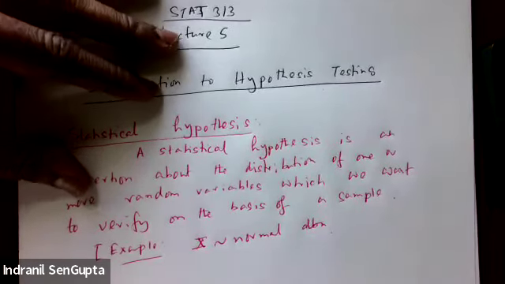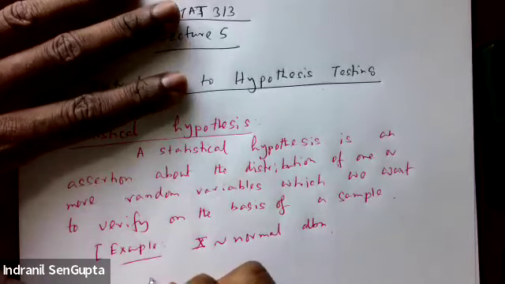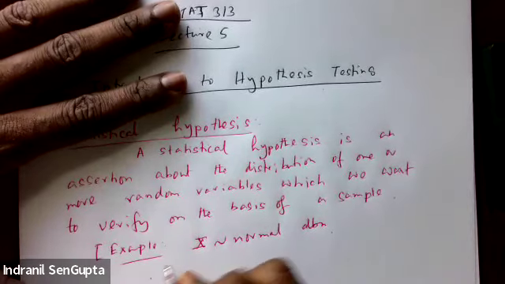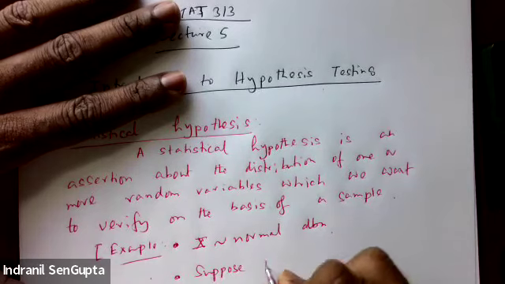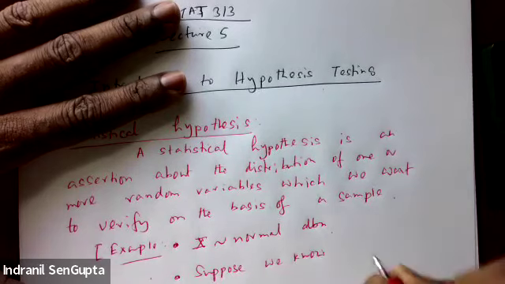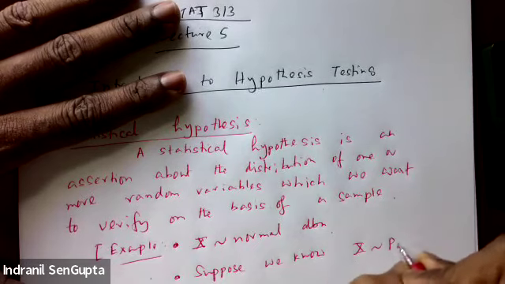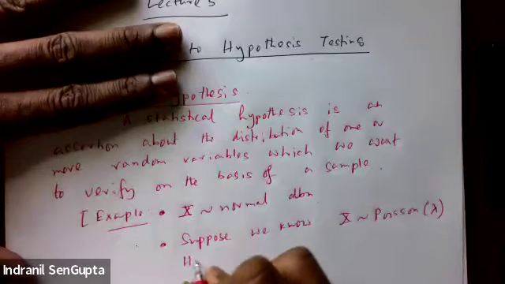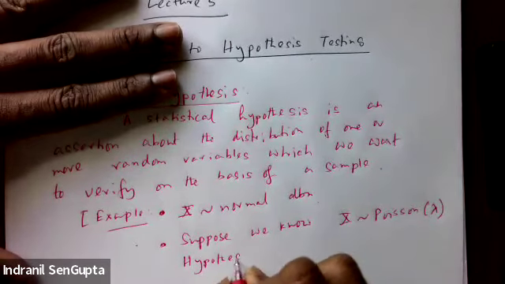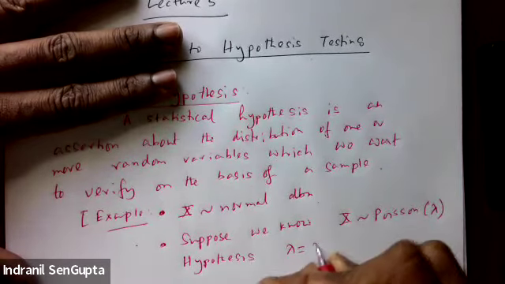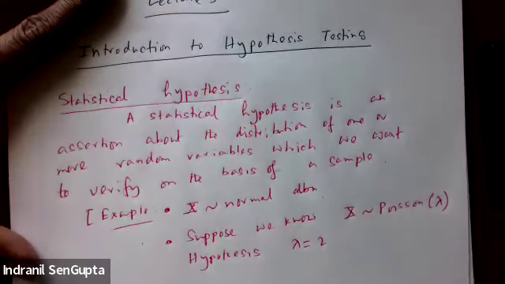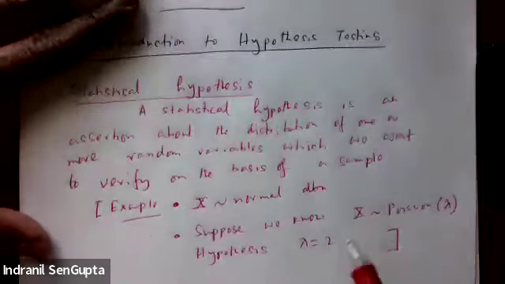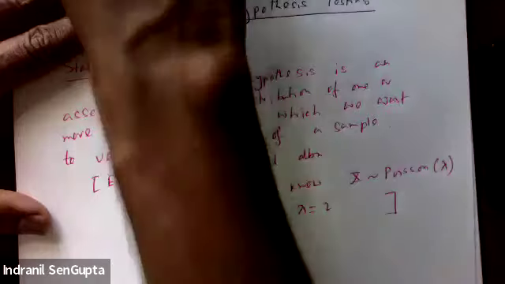Or suppose we know X follows a Poisson distribution with some parameter lambda. The hypothesis is lambda equals, say, 2.